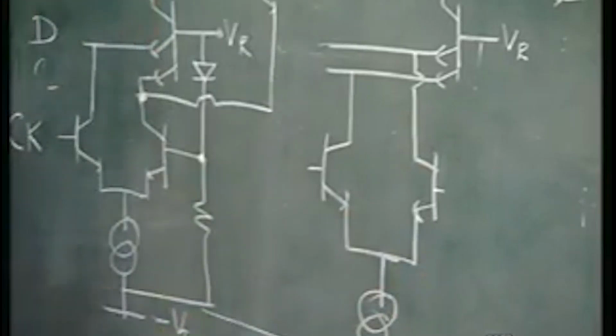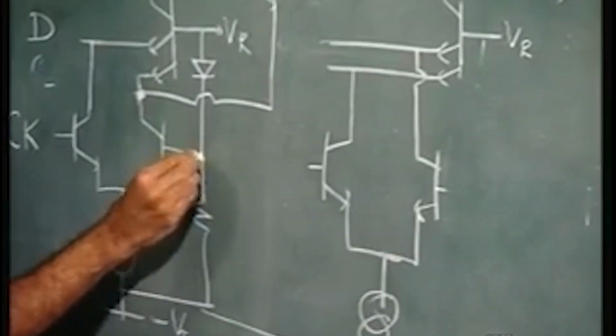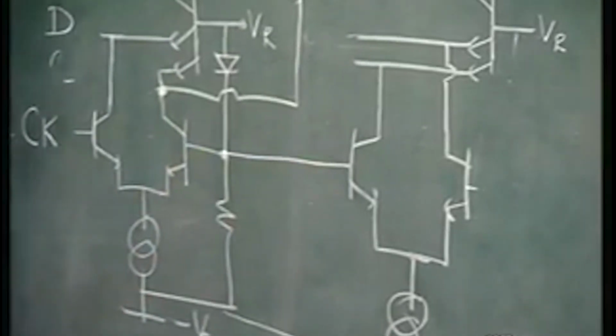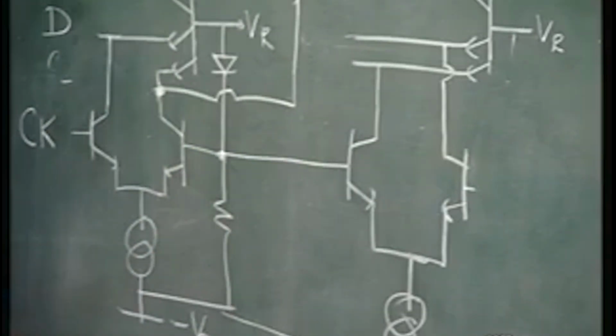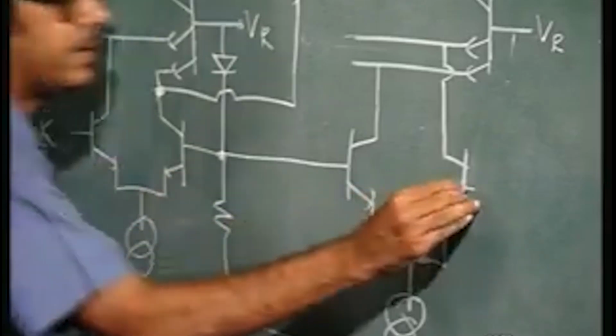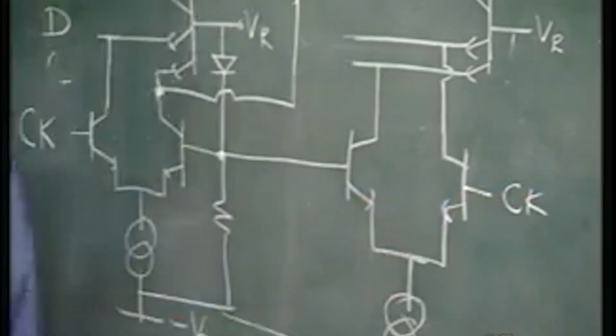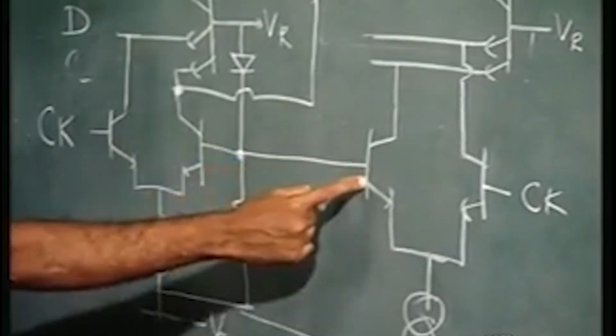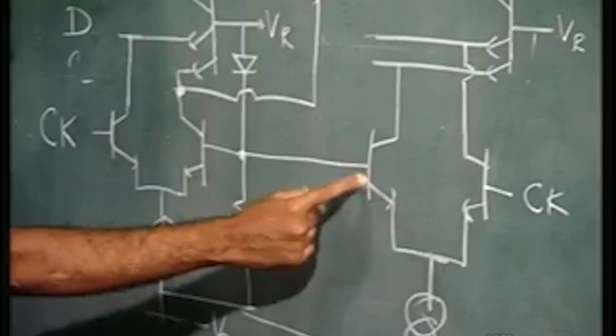This VR should be fed here, and the clock should come here, the same clock. So, basically I have inverted the position of the clock and VR. So, this VR comes here, and the clock.